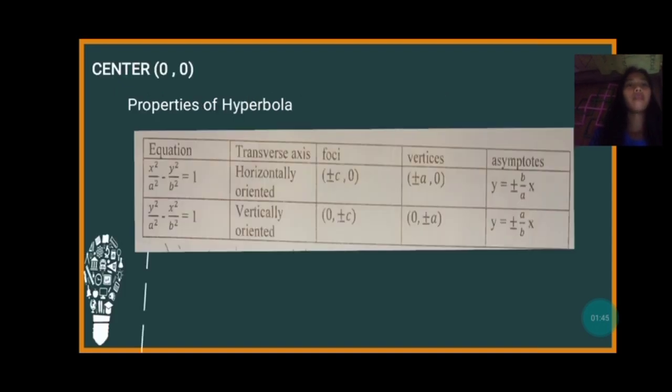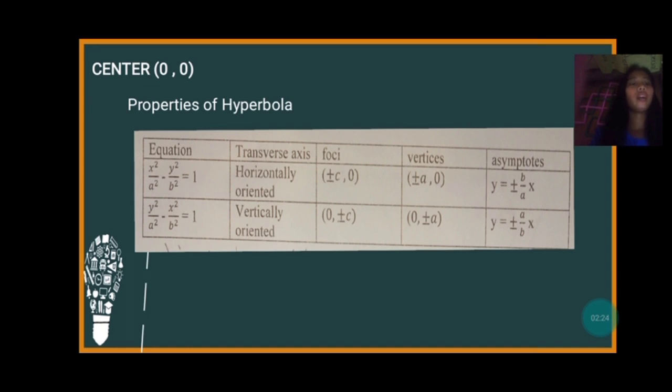Then here are the properties of a hyperbola when your center is at (0, 0). The equation is x squared over a squared minus y squared over b squared equals 1 if your transverse axis is horizontally oriented, and your foci are (positive or negative c, 0), and your vertices are (positive or negative a, 0).